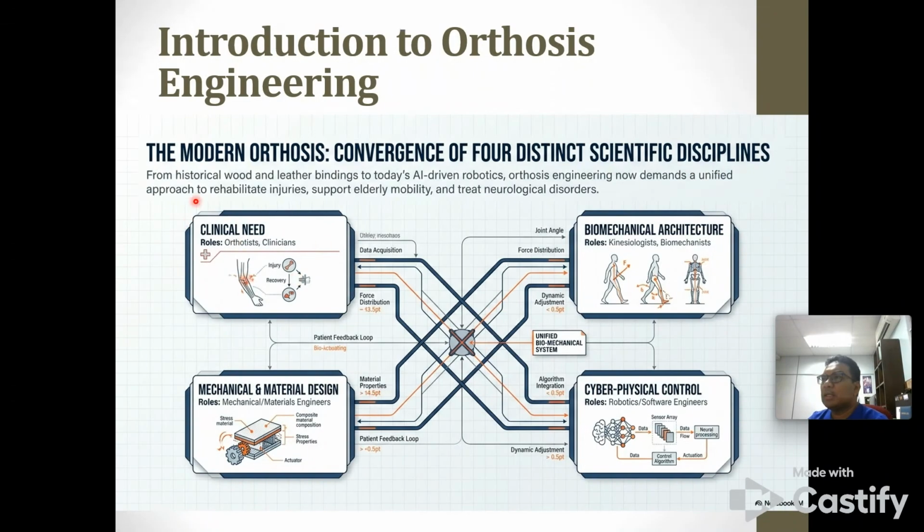The first one is history: we started designing using wood material at that time, and now in this era of AI and smart materials, we can improve the design and have more material options for designing this orthosis device.